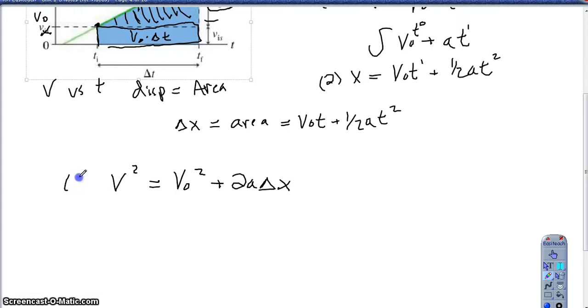But what about this third equation? Well, I'm not going to work all the way through it, but it is actually still pretty interesting to see. This third equation comes from if I take my delta x equals v0t plus 1/2 at squared.